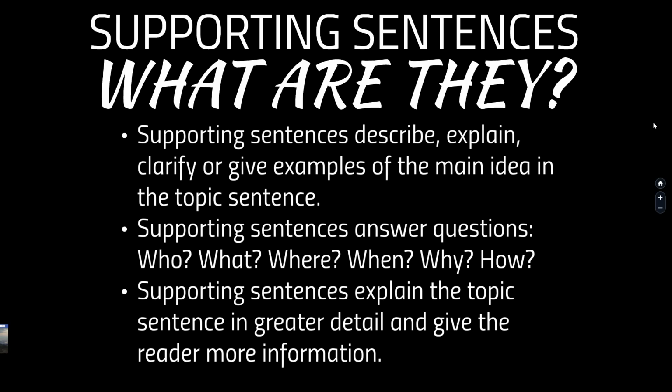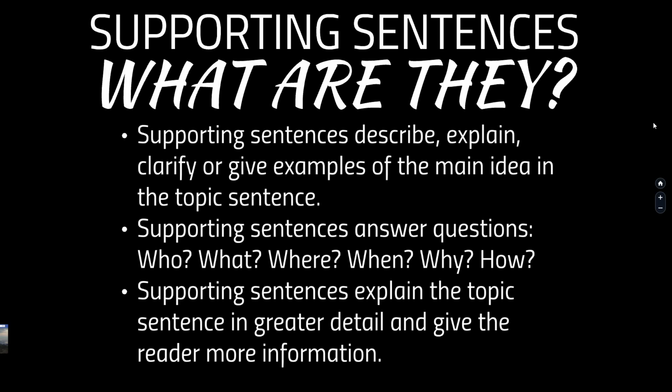We could offer explanations in the supporting sentences. We could explain something that is confusing or might be difficult for a reader to understand. Most often we're giving examples, and that's what we're going to be doing in the sample paragraph that we're going to be looking at today. Supporting sentences answer questions: who, what, where, when, why, how.